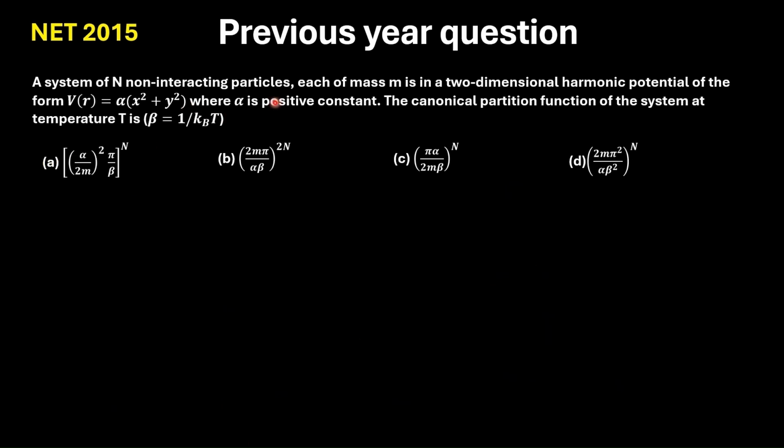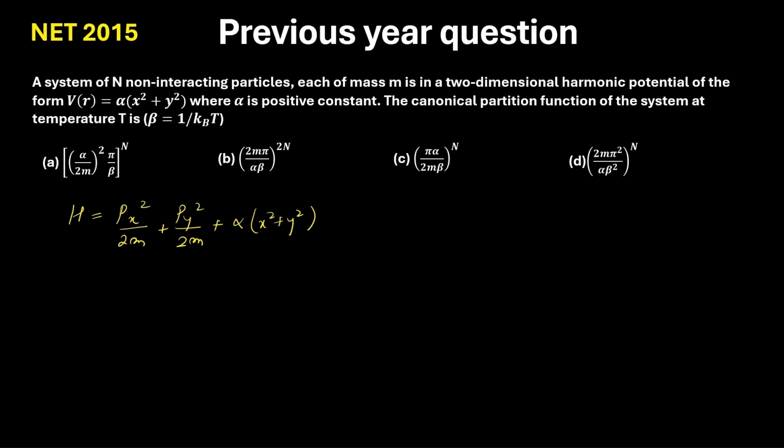In this question, we are given a two-dimensional harmonic potential and we have to find the canonical partition function. So first we will write the Hamiltonian of this system. The Hamiltonian is px squared by 2m plus py squared by 2m plus the potential, alpha times x squared plus y squared.